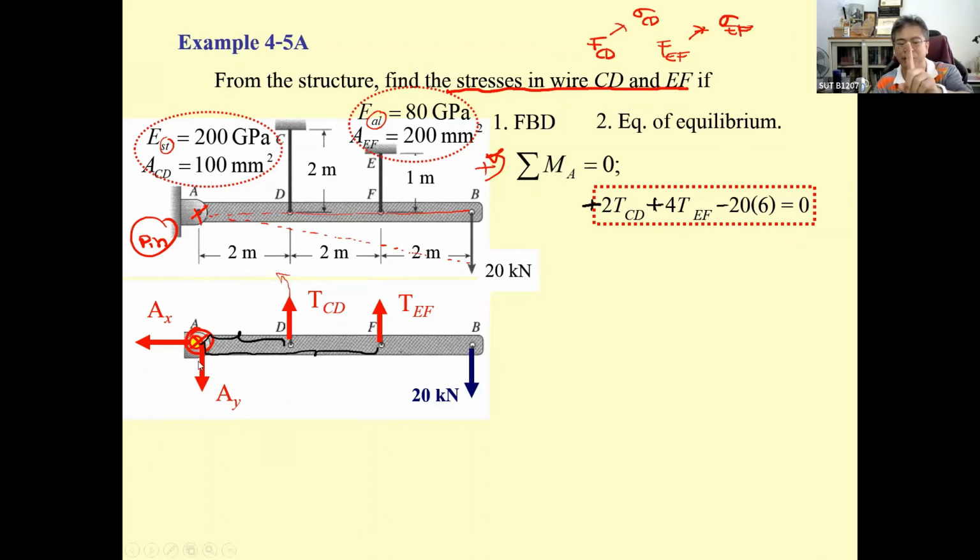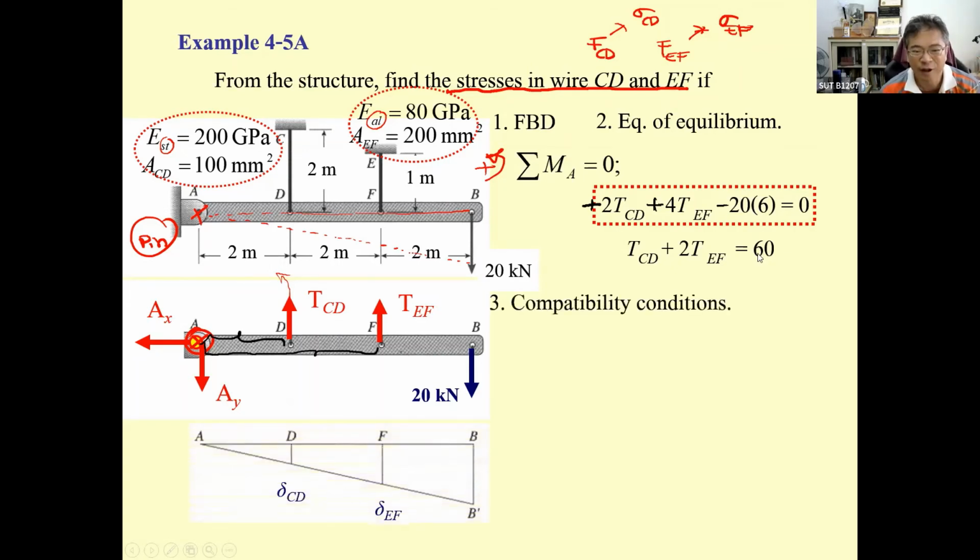That is the first equation. Then you can reduce this by dividing by 2: T sub CD plus 2 T sub EF equals 6 times 10, which is 60. This is the first equation.